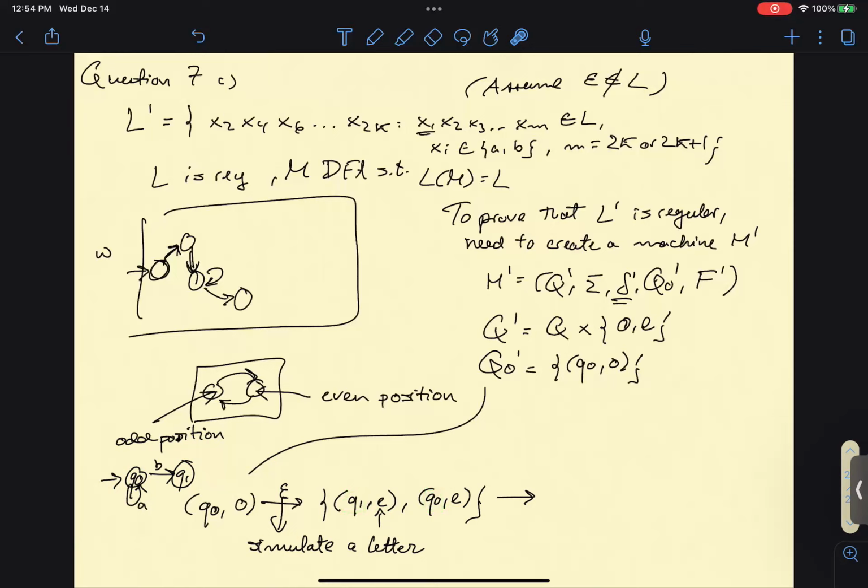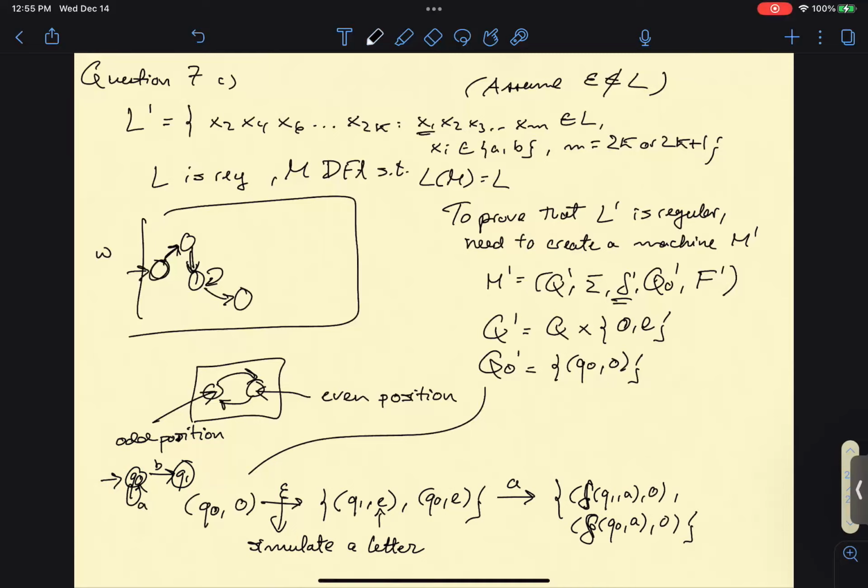So what this means is that if I read an A, let's say, then I can either go to delta Q1A and then even, or delta Q0A and then, wait, even or odd? Odd.